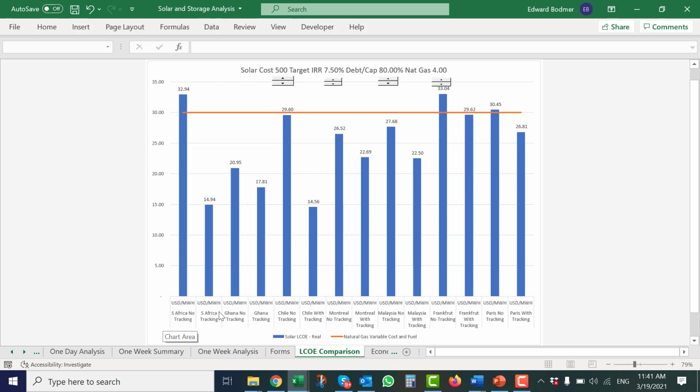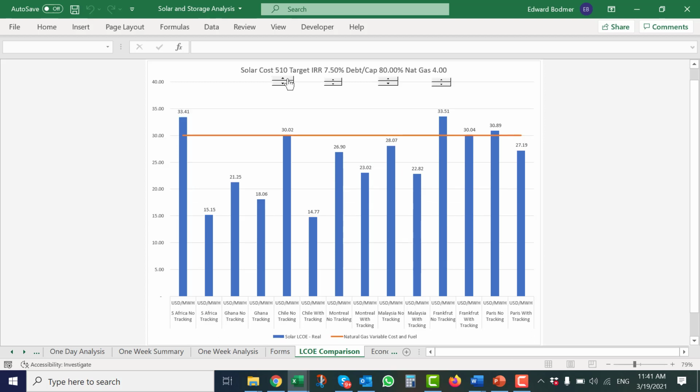Let's just take our total real levelized cost, adjusted for inflation, and compare that to today's gas price. And where's our Montreal? Montreal, no tracking. We could beat it if our cost is this. If we put in a higher cost of solar, maybe we can't beat it. If we need a higher IRR on our solar, remember that goes into all of those different factors.